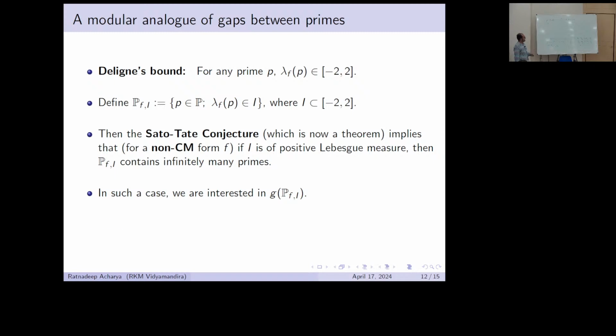The first result in this direction is that Wong proved that G of all those primes p such that lambda f(p) is not equal to 0 is finite. So what is the I considered here? I is here [-2, 0) union (0, 2].